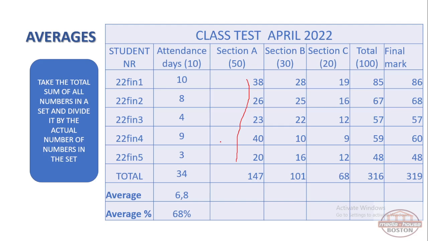Yes. So that's rounding off to the nearest percentage. So that's 59%. Yes. Okay, thank you very much. That's 100% correct. Mapula, section B.